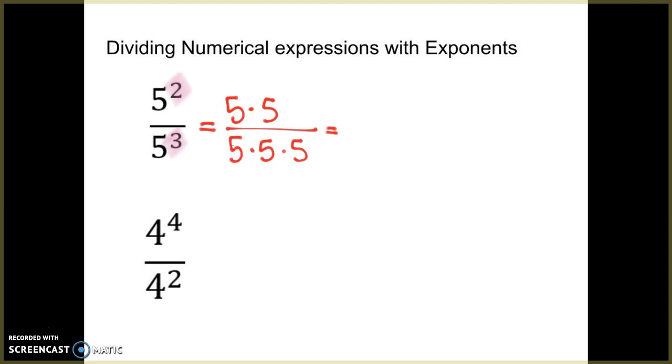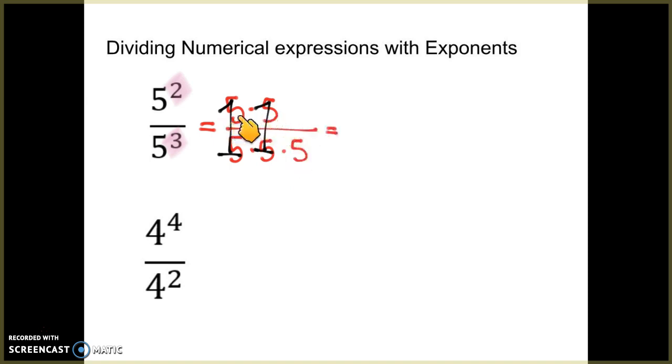So I can see that I have a 5 in the numerator here and a 5 in the denominator here. I know that this is going to cancel out and be a wonderful 1, but I also have that same relationship here, so that's going to cancel out and become a wonderful 1.